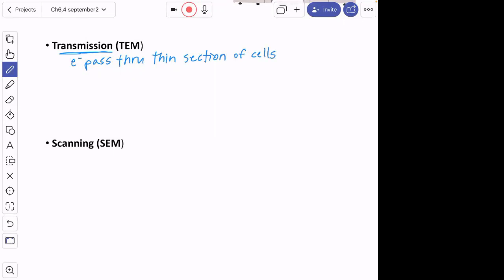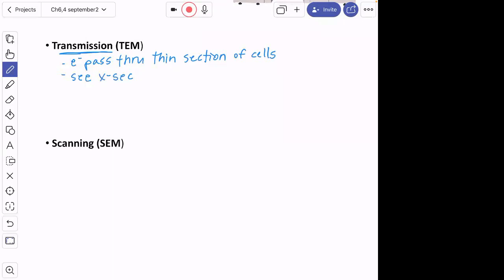So what we actually see is a cross section. Sometimes with the transmission electron micrographs, it's kind of hard to figure out what's what because it's a cross section. Where the scanning is just an image of whatever is viewed.